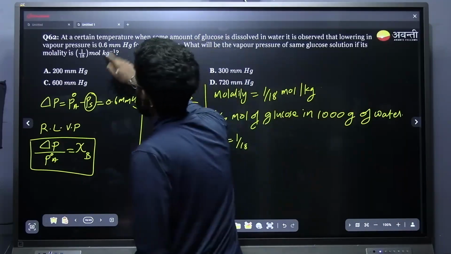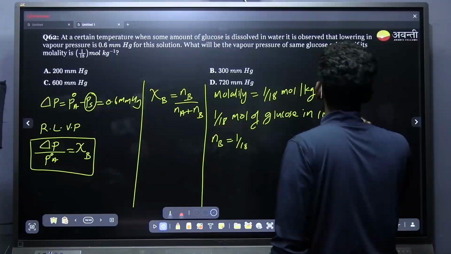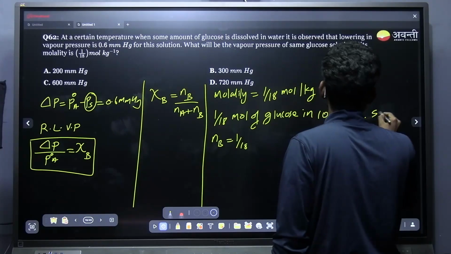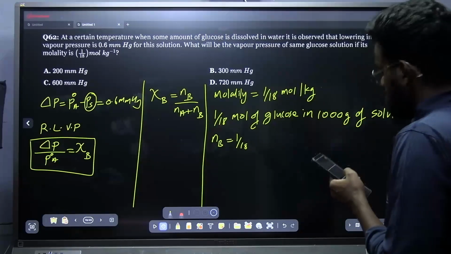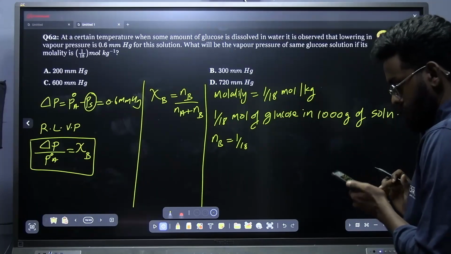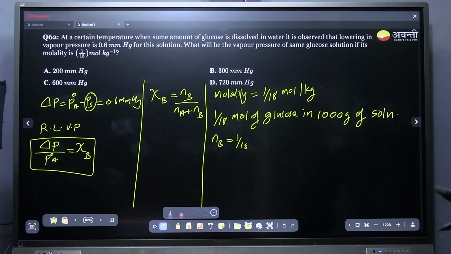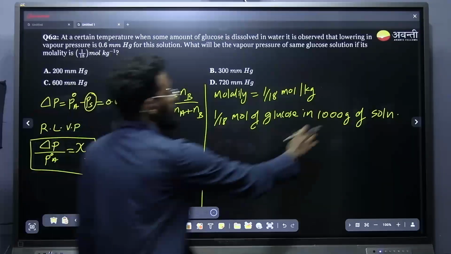Okay, which means the total, it's not about 1000 gram of water, it is 1000 gram of solution. Okay, it is 1000 gram of solution only.